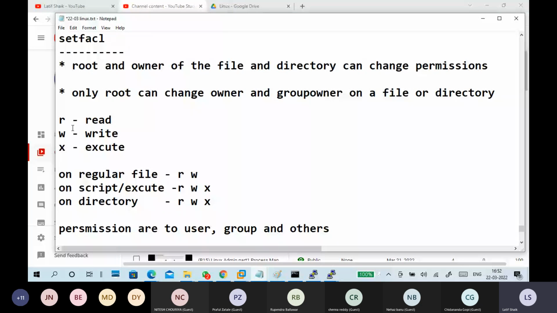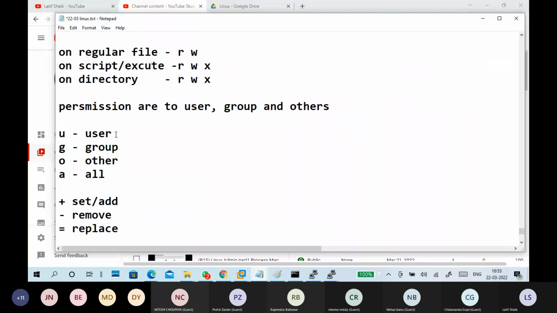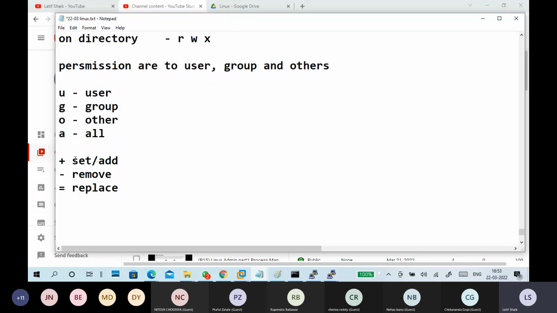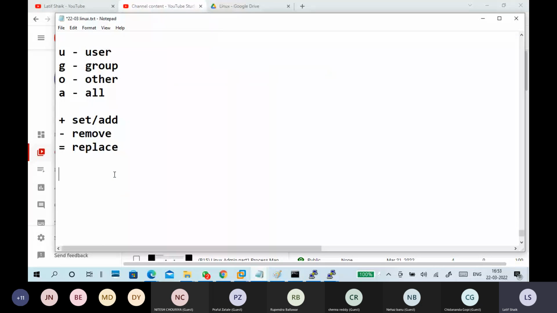R, W, X: read, write, execute. User permissions, group permissions, other permissions; all means user, group, others. If you want to add a permission, we use plus. To remove a particular permission, minus. To replace the permission, equal.